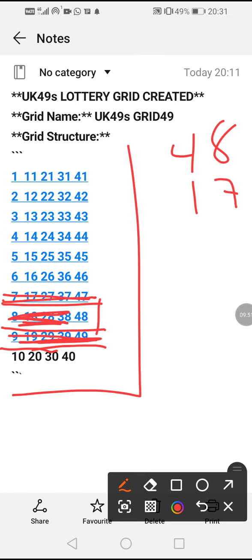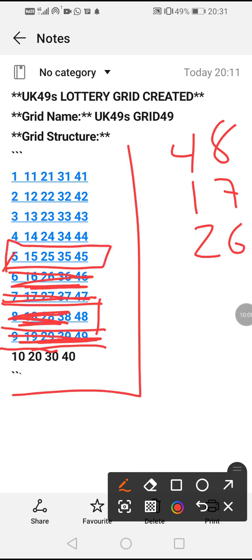And then there's 16, 6, 26, 36, 46. Did you ever get 46 this week? I'm not sure. So maybe put 26. You cancel, you go to the 5th. With the 5s, you can see that 5 played, 15 played, 45 played.